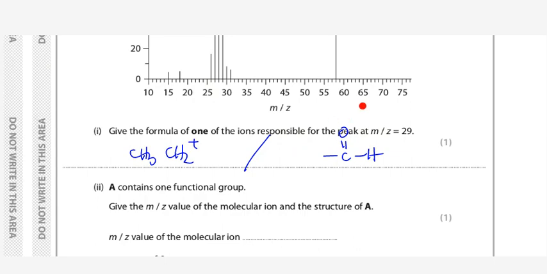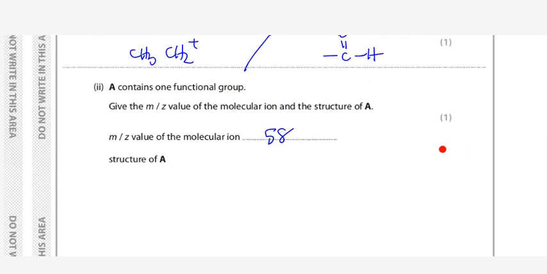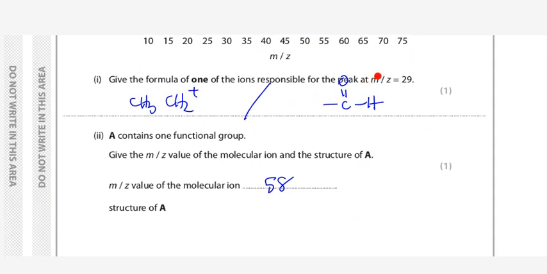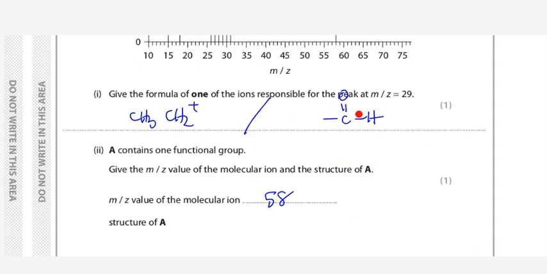A contains one functional group. Give the mass to charge value of the molecular ion and the structure of A. Mass to charge value of the molecular ion is 58. You can easily see from the mass spectrum. The highest mass to charge value is the molecular ion, which is 58. So what is the aldehyde with 58? If you have aldehyde group, that's 29.